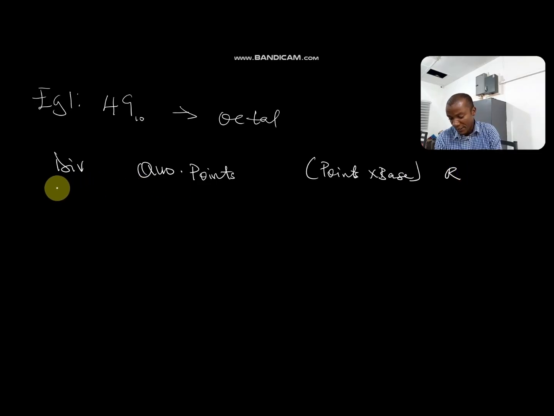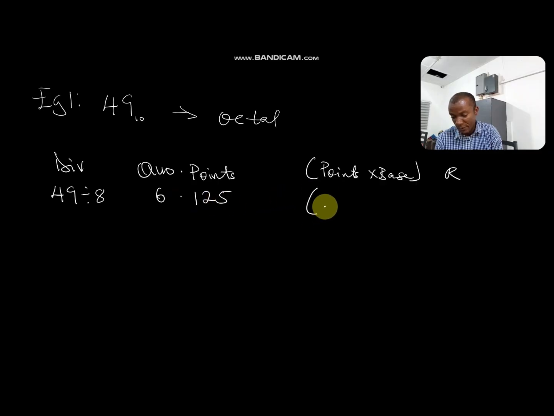So my number is 49, and I'm dividing this by the base, which is 8. So 49 divided by 8, I will get 6.125. So this is the point I was talking about. My quotient is 6 and the point is 0.125.